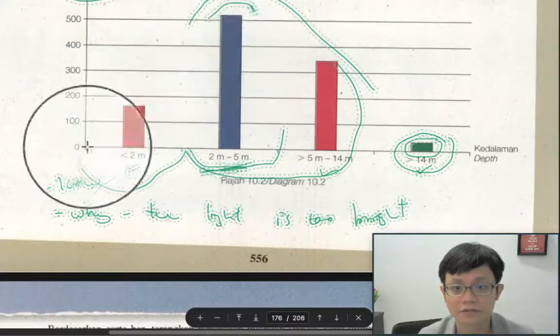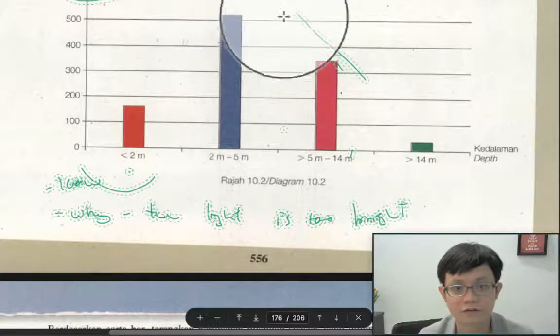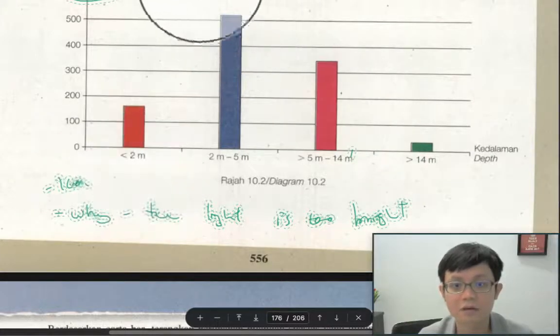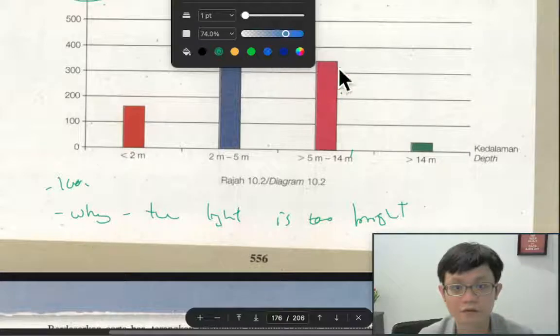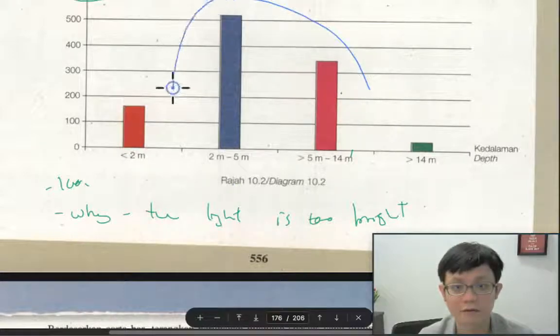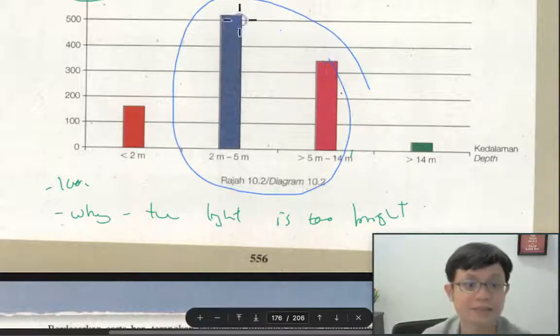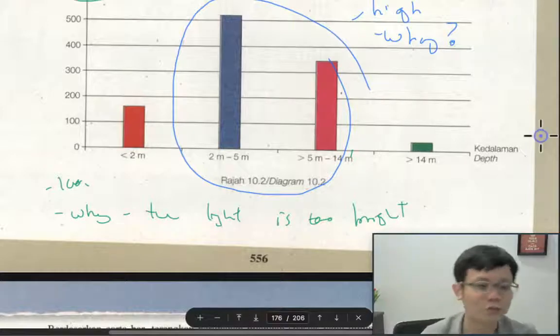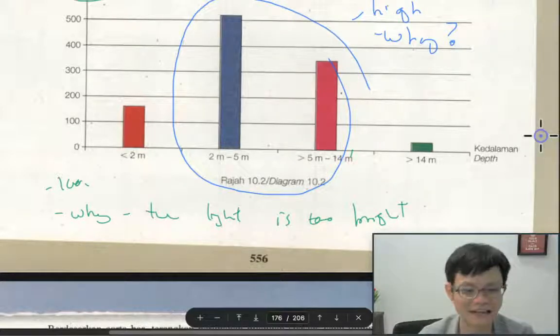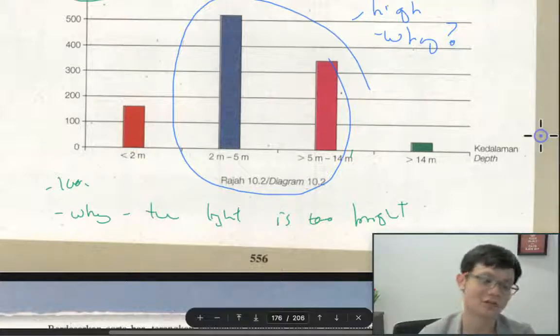Let's erase this first so that it's easier for us to see. 2 to 14 is here. So here will be considered high. Why? It's like the conclusion, the implied meaning is high, and why? And you just need to explain.